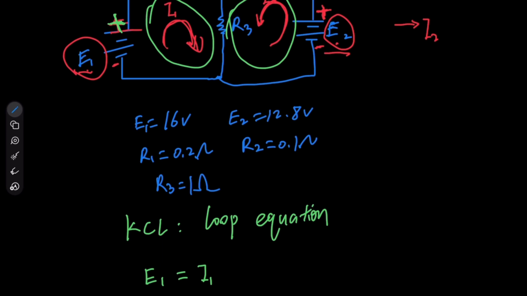The positive is here, so the current will flow this way. That's how we define the positive direction for I1. Same thing for the other side: the positive is here, so the current flows like this for I2. That's how we define the positive direction for I2.